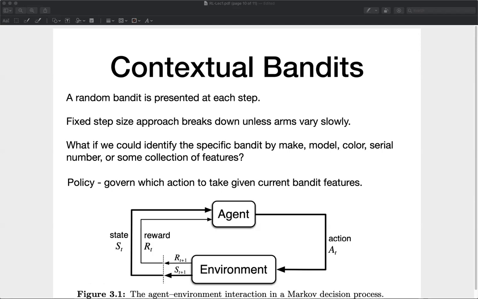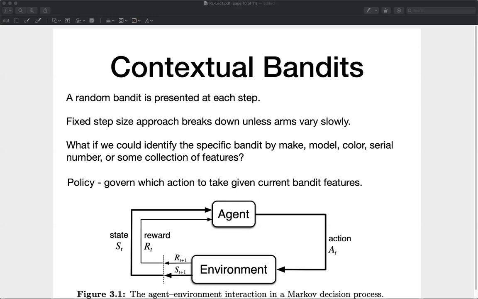So now imagine the situation where instead of having one 10-armed bandit, the casino presents you with a completely different slot machine every time. Every time the slot machine is different, all the arms are completely different, right? So that's what we say here, a random bandit is presented at each step. And you know, we said we can handle a moving target.